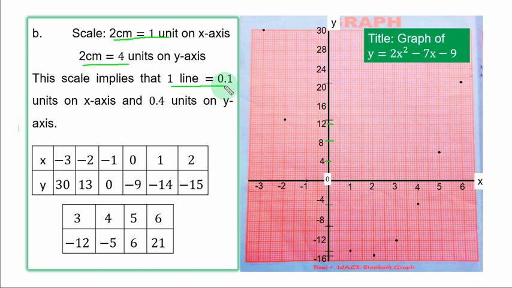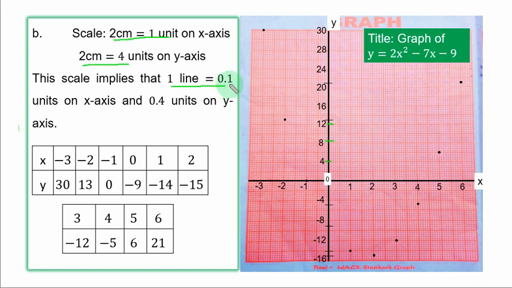Next thing is to plot. Knowing what one line stands for helps us to locate decimal values, although in this table you don't have such, but when you are asked to solve later, you see the importance of knowing what one line stands for.